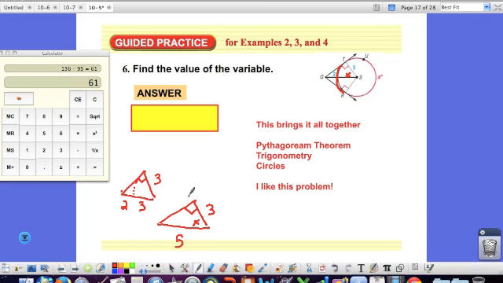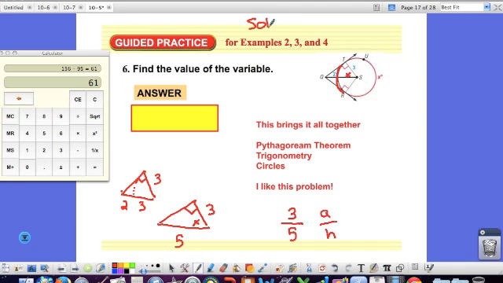If I use the Pythagorean theorem, I'll find that this side is 4, but I can use any trig function. I can see here that 3 is adjacent to X and 5 is the hypotenuse. So I have adjacent and hypotenuse.